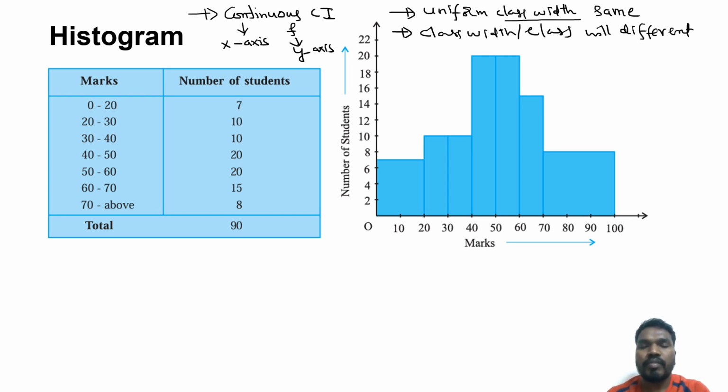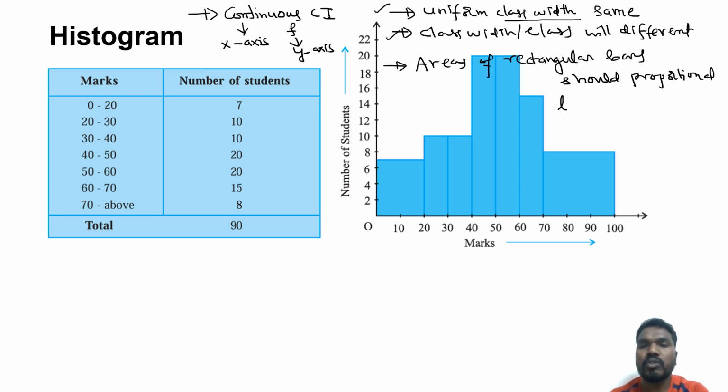Whether it is the first kind or the second kind, the very important thing to keep in mind is that the areas of the rectangular bars should be proportional to the frequency.